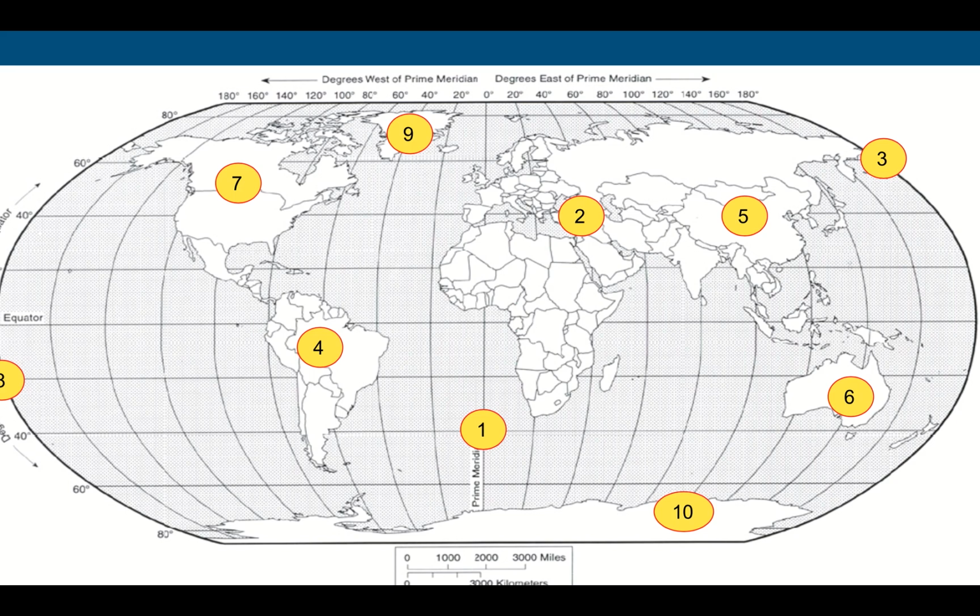So you're going to calculate and find the absolute location. Remember, you need to have the number in degrees followed by the direction, north or south, because latitude always goes first, comma, the number in degrees followed by the direction in longitude, which is always going to be either east or west.